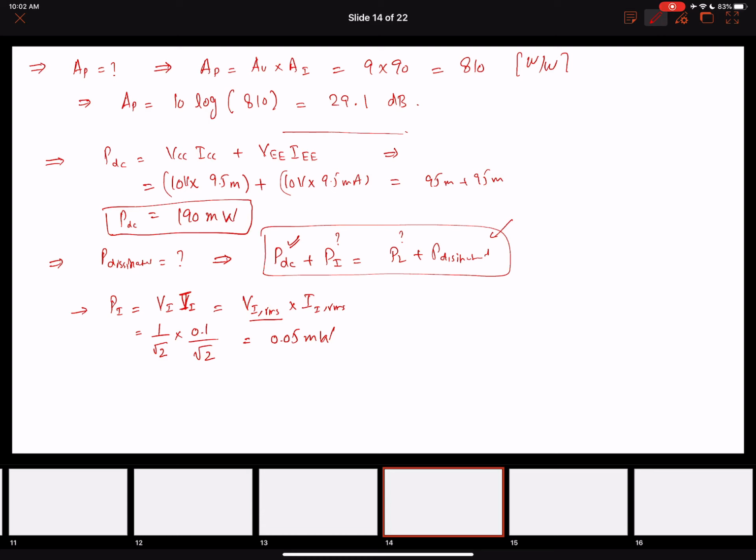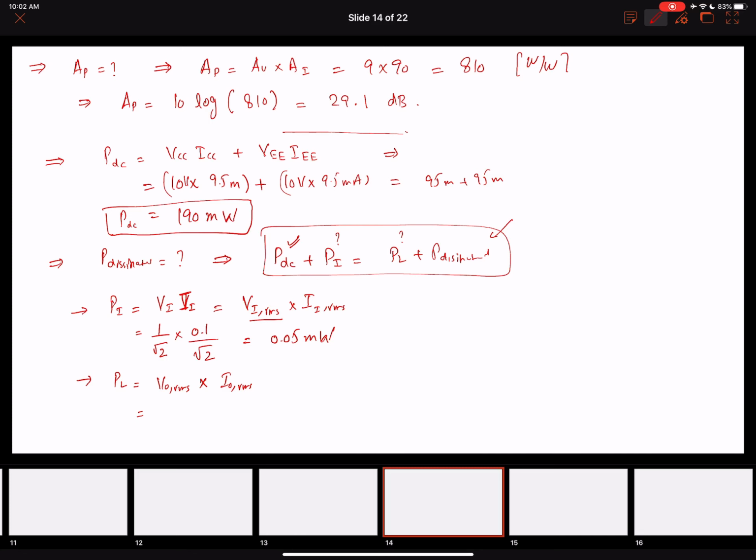Okay, now let's determine the value of the load power. The load power is again very similar. It's the output RMS voltage multiplied by the output RMS current.